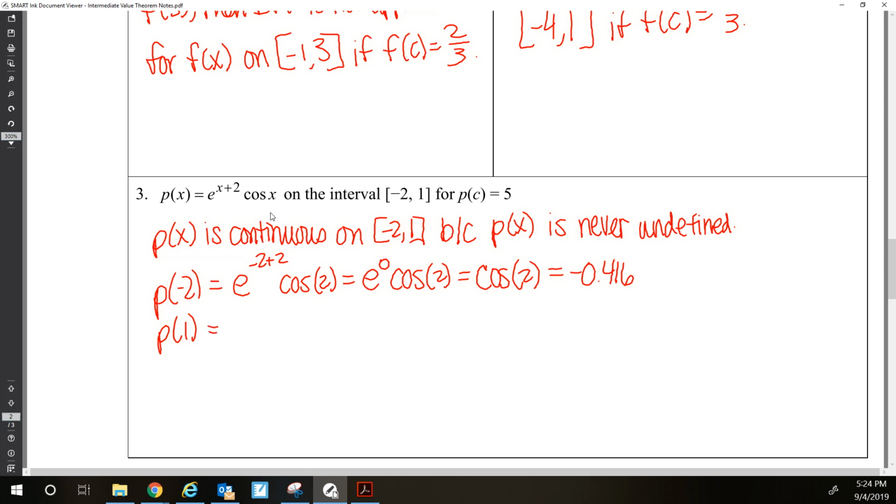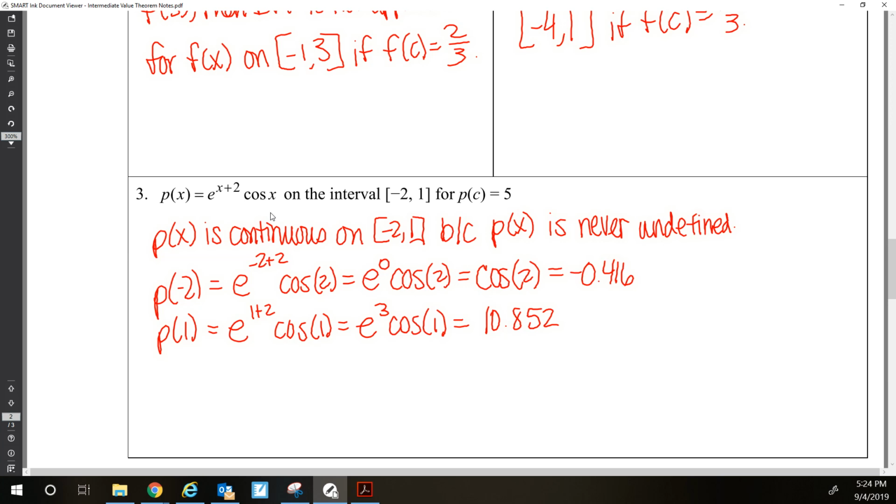All right, p of 1 would be e to the 1 plus 2 cosine 1. That's e cubed times cosine of 1. And that is going to be 10.852. How did we get that?